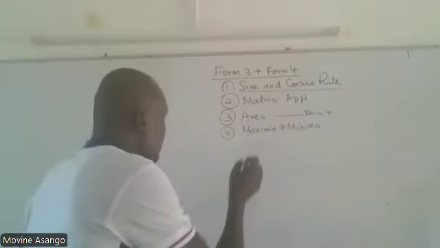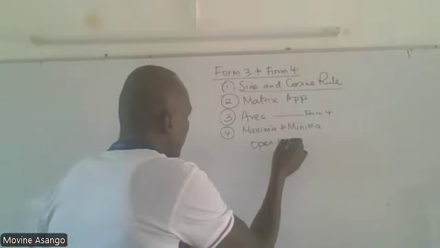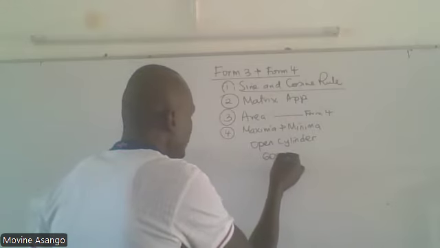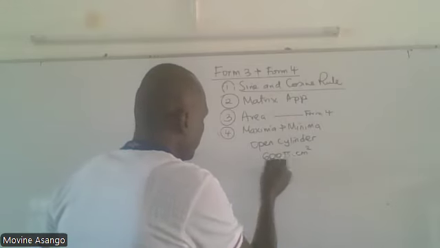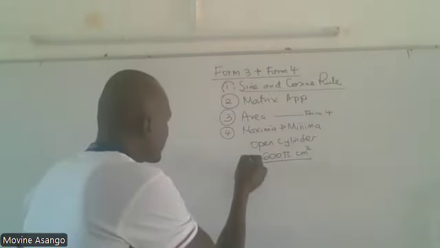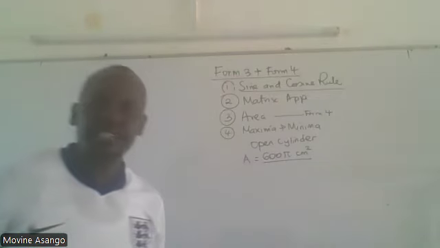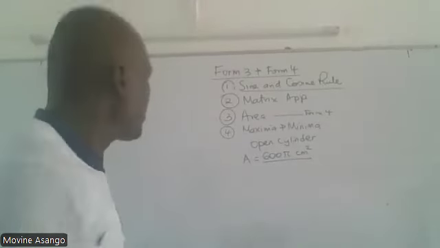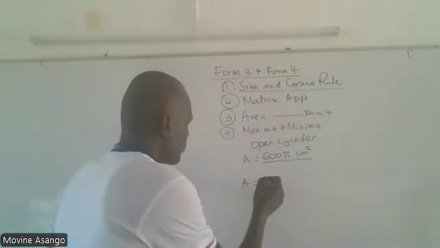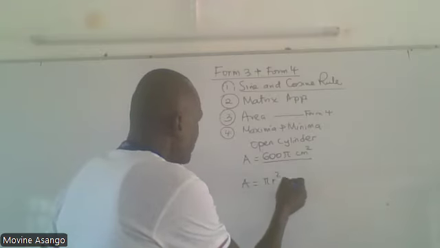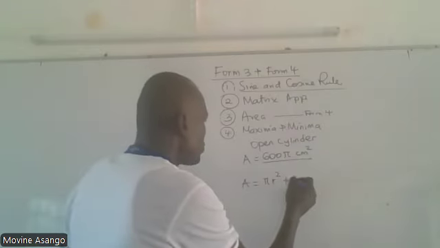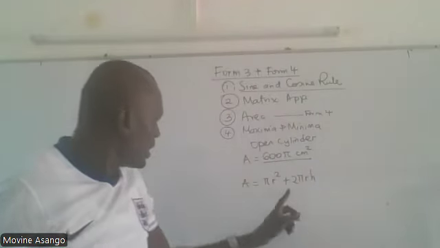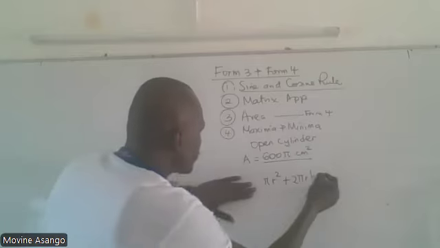For example, if I tell you that an open cylinder has a surface area of 600 pi square centimeters. Where is that 600 pi coming from? It is coming from the area of the base plus the curved surface area, which is 2 pi r h. Why 2 pi r? Circumference times the height. So this is equal to 600 pi.